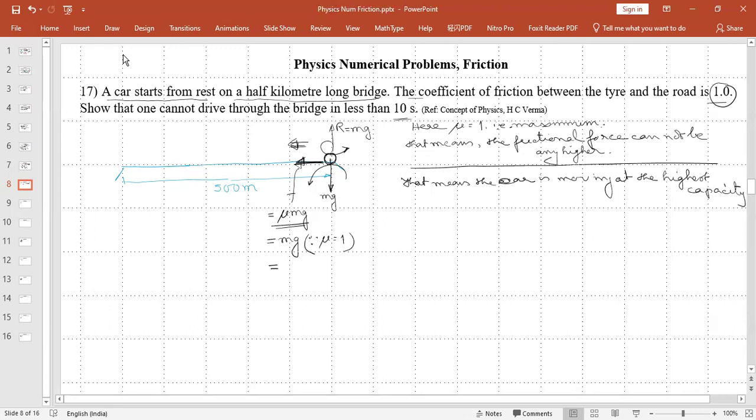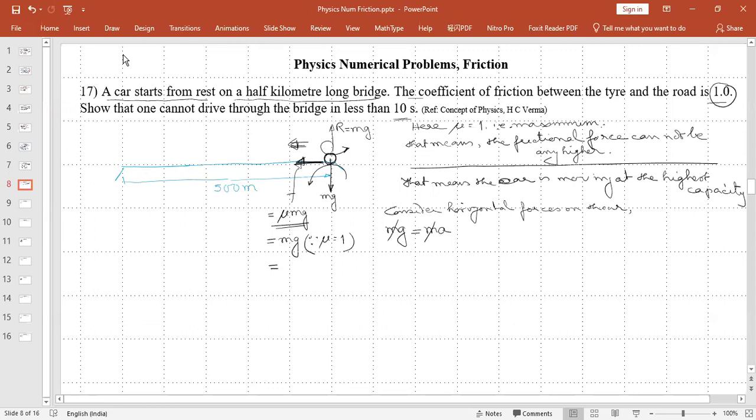If you consider the horizontal forces on the car, then we find the force mg actually produces the acceleration a on the car of mass m.